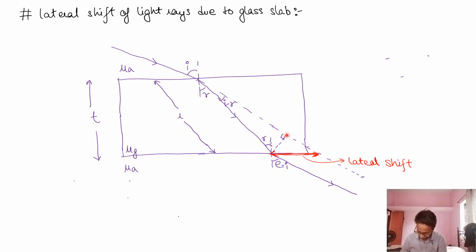I found out this normal shift using a formula t by cos r into sin (i minus r). So this much distance is t by cos r into sin (i minus r). What is this much angle? If I can find out this much angle, half of the problem is solved. Name this angle x.